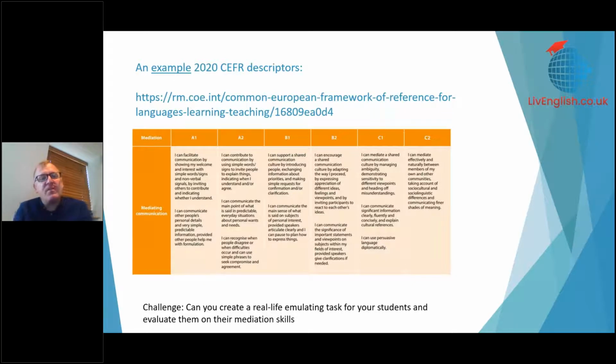So where on this range would we be able to position our students, for instance? If we say we have a student who, in our opinion, is an A2 because he can contribute to communication by using simple words, but he can also communicate a very basic main point, how do we take them from A2 to B1? What kind of tasks do we need to create?